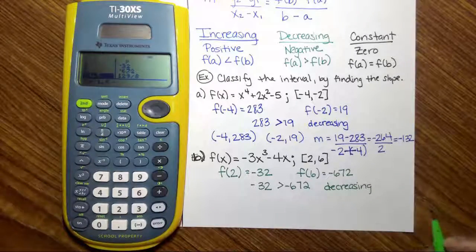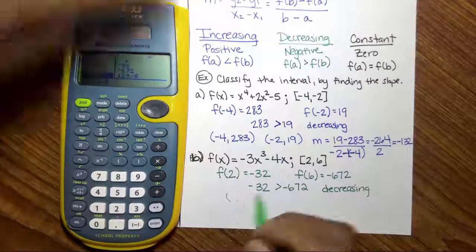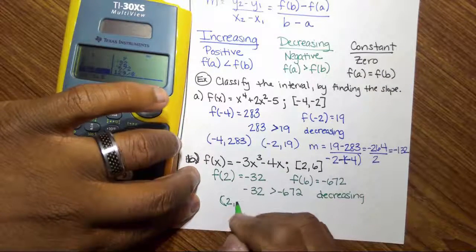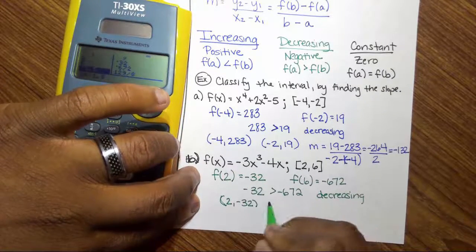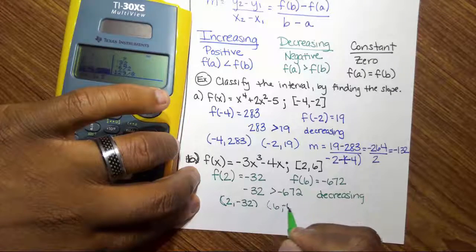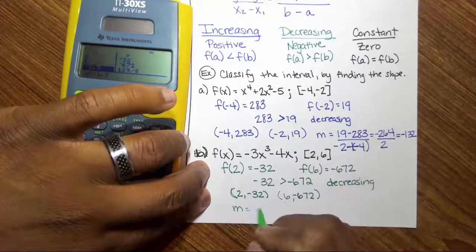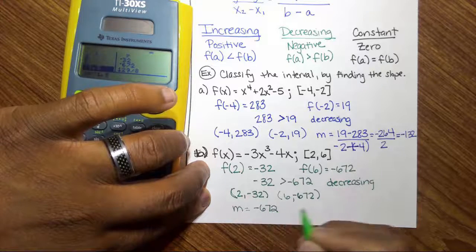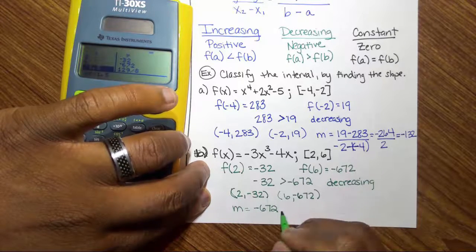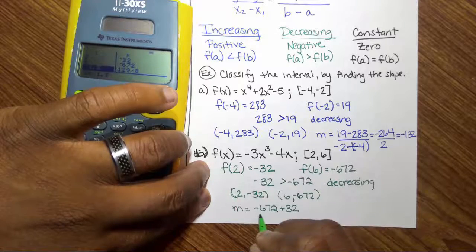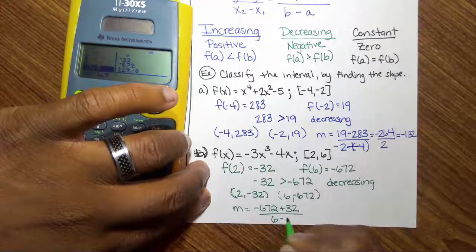And again, verify through the slope. Well, you have the point 2, negative 32, and the point 6, negative 672. So the slope is just negative 672 minus a negative 32 makes that plus a 32 over 6 minus 2.